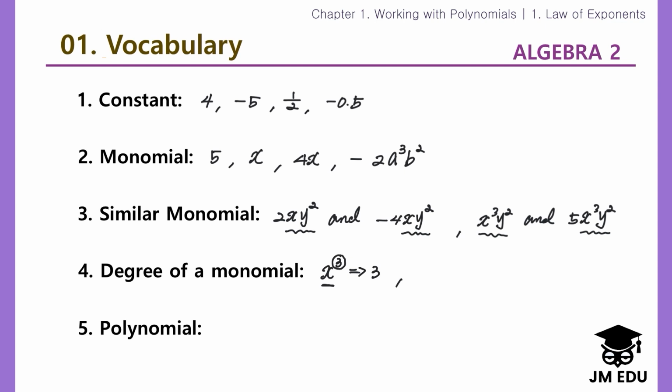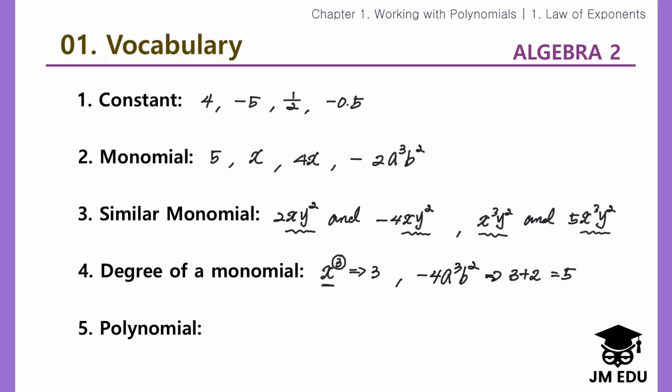Let's say I have negative 4a cubed b squared. Then the degree of this monomial is the sum of these 2 degrees. So the degree of this monomial is 3 plus 2. That's 5. Does that make sense?